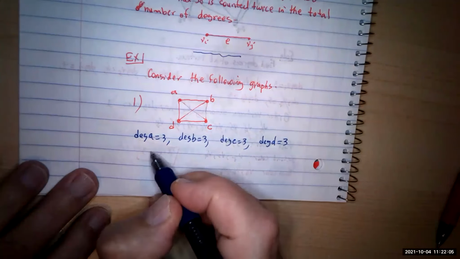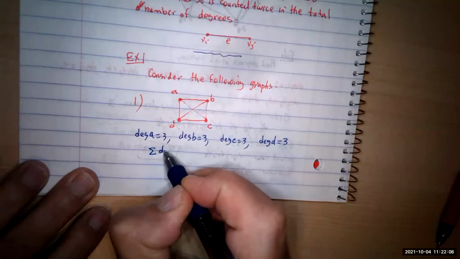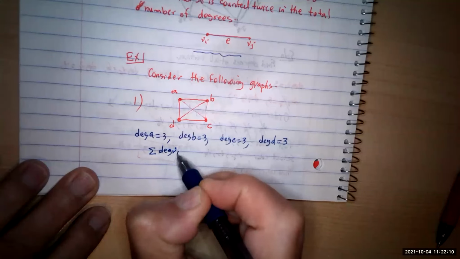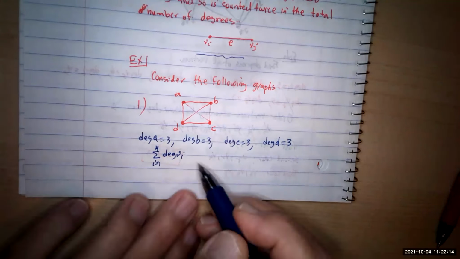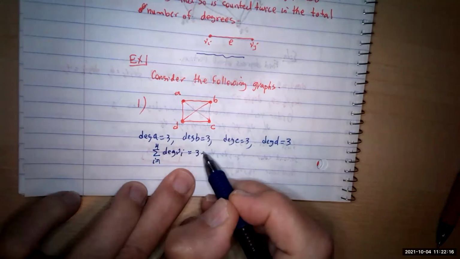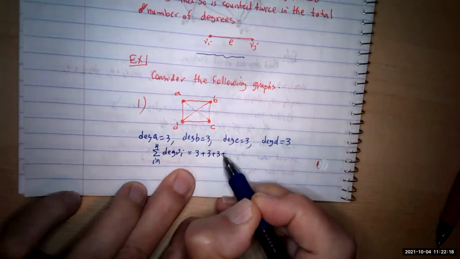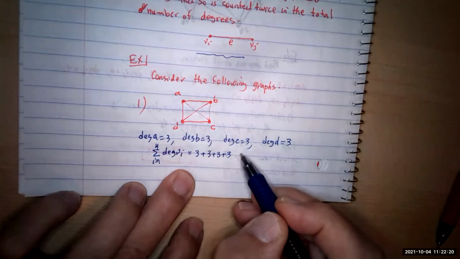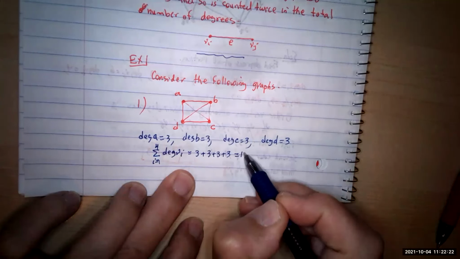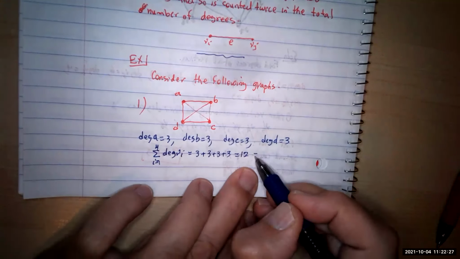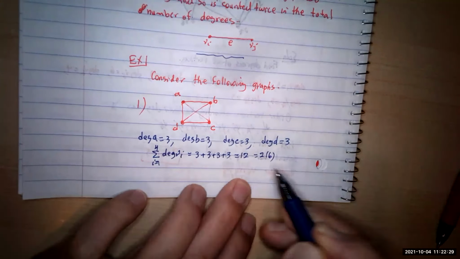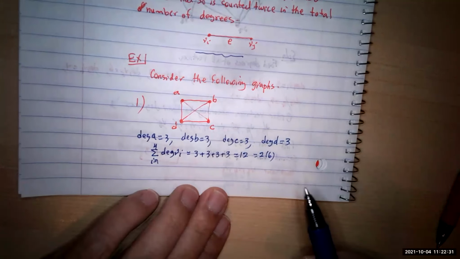So if you add them together, the sigma of the degrees, i from 1 to 4, is going to be 3 plus 3 plus 3 plus 3, which is equal to 12. 12 is 2 times 6, as you can see: 1, 2, 3, 4, 5, 6.